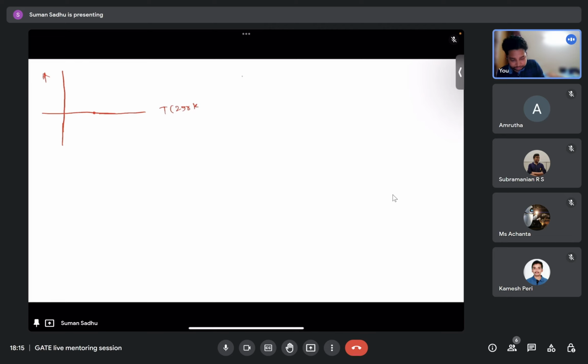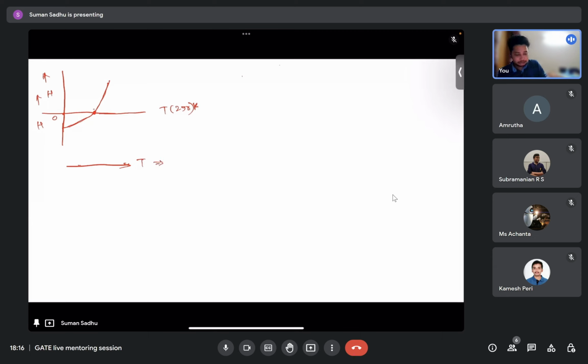So let's say this point at 298. This is your H, and this is your temperature. This is zero here. So it is assumed that at 298 Kelvin, as a reference, your enthalpy is zero, and then it increases with your temperature. So this will be the shape of your enthalpy versus temperature.